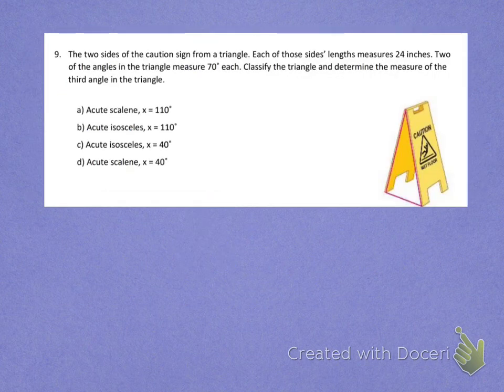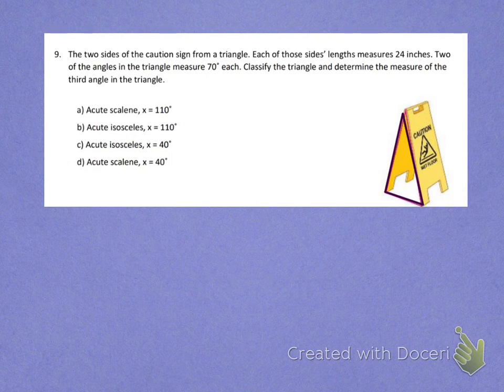It says that the two sides of the caution sign form a triangle. Okay, and if you see it has a red line here that makes this triangle on your paper, right? So from here to here, here to here, here to here. Okay, so then it says each of those side lengths measure 24 inches.